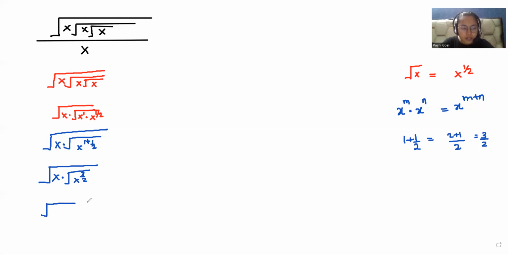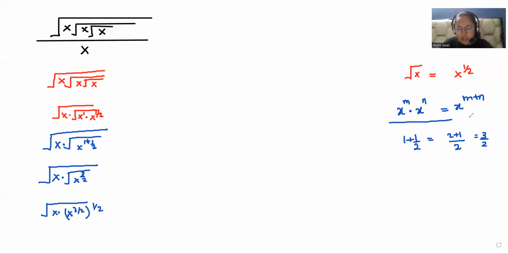Now again I am using the identity that square root of x is equal to x power 1 by 2. So we can write it as x times x power 3 by 2, whole power 1 by 2.